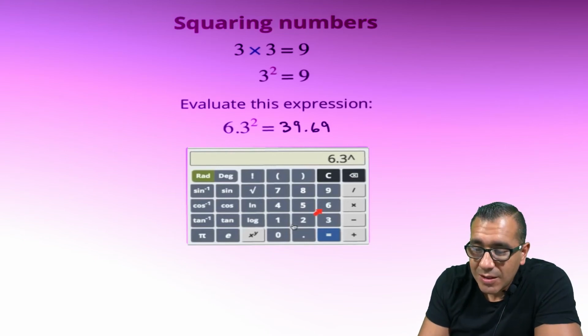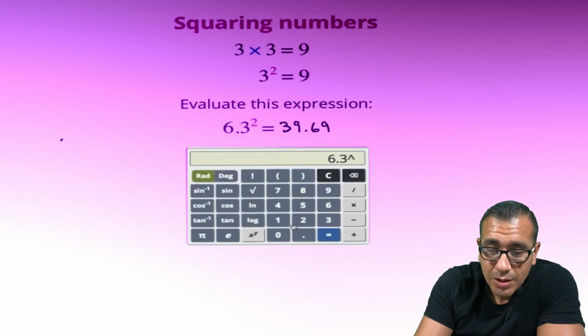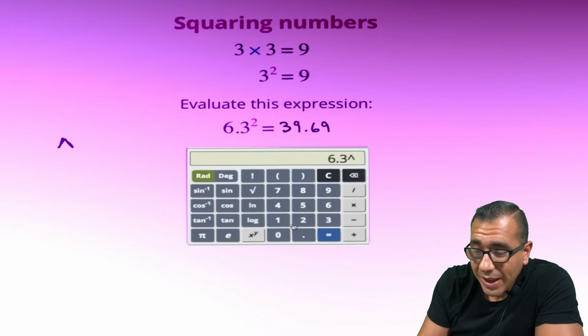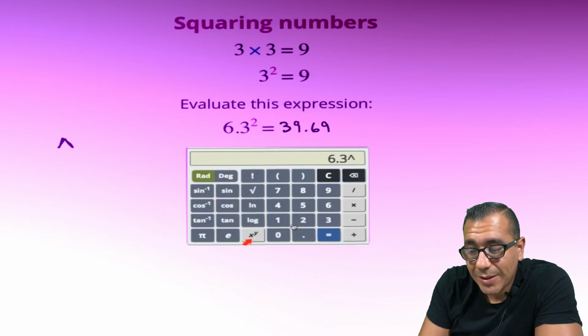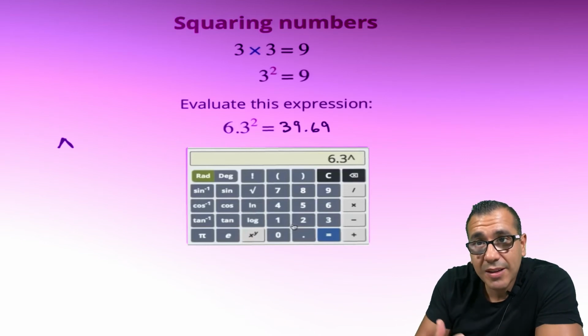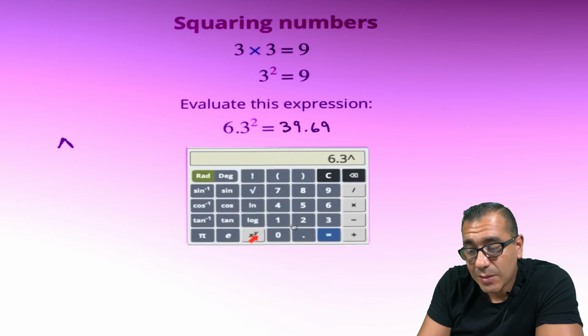And if you're using one of these fancy calculators, you're going to look for one of two things. Number 1, there might be a caret button that looks like this, or you might have a calculator with an exponent button that looks like this. Different calculators have different buttons. Look how this base x has an exponent of y.